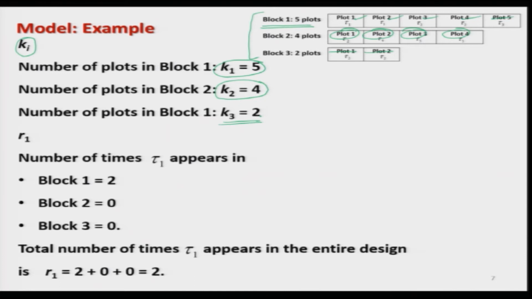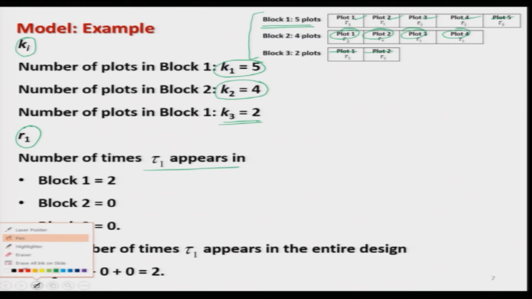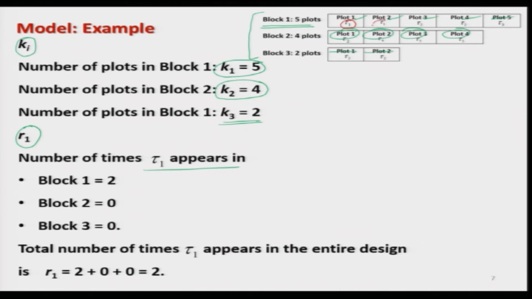Let us understand one by one how these values come. First, R1 is the number of times the first treatment tau 1 appears in the blocks. Which blocks? 1, 2 and 3, right. Now, in block number 1, tau 1 appears 2 times.